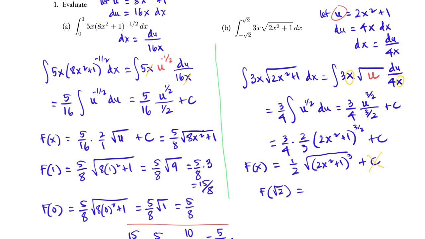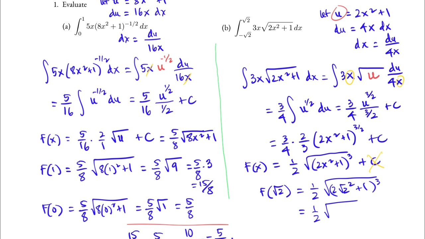F of the square root of 2 equals 1/2 the square root of 2 times x squared plus 1 raised to the third power, with x being the square root of 2. Simplifying this, we have 1/2 the square root of the square root of 2 squared, which is 2. 2 times 2 is 4. 4 plus 1 is 5.